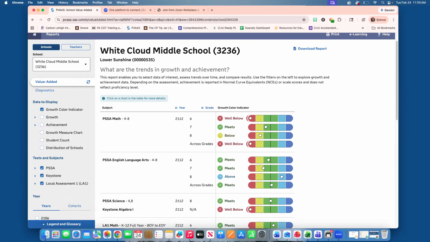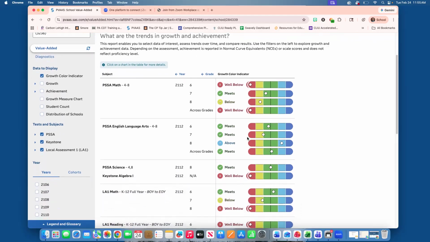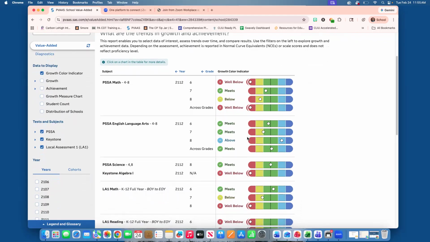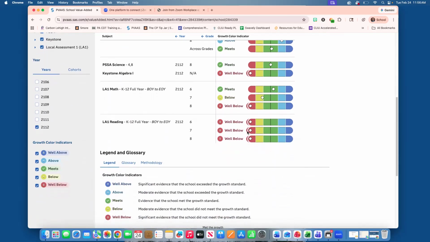You'll notice color bands on this report under the color growth indicator. The colors help answer the question, did the students grow at the same rate in comparison to other students who took the same assessment in the same year across the state based on where they started and ended the school year? Dark blue shows us that there is significant evidence that the school exceeded the growth standard.